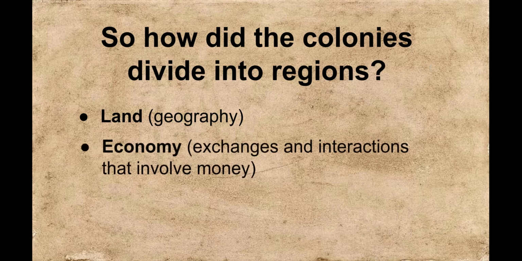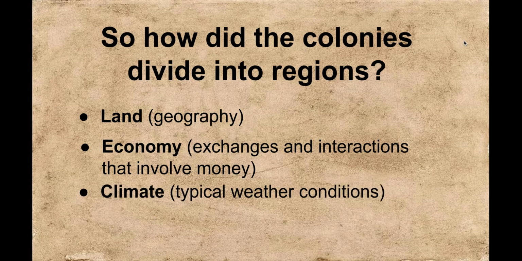The second one had to do with money, so our exchanges and interactions. This is what makes what we call the economy. When it came to how these colonies divided themselves into regions, the economy had to do with whether or not it was agricultural, so farm-based, or industry, so factory-based.